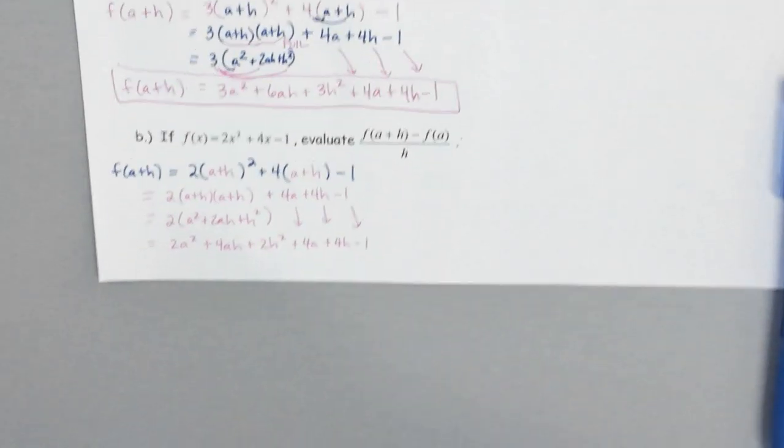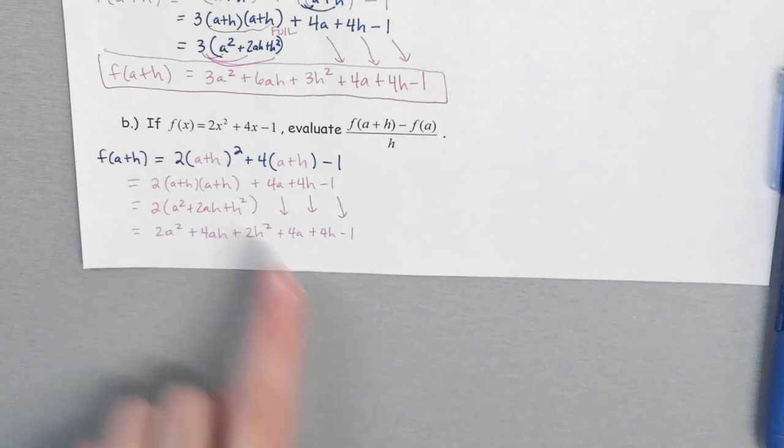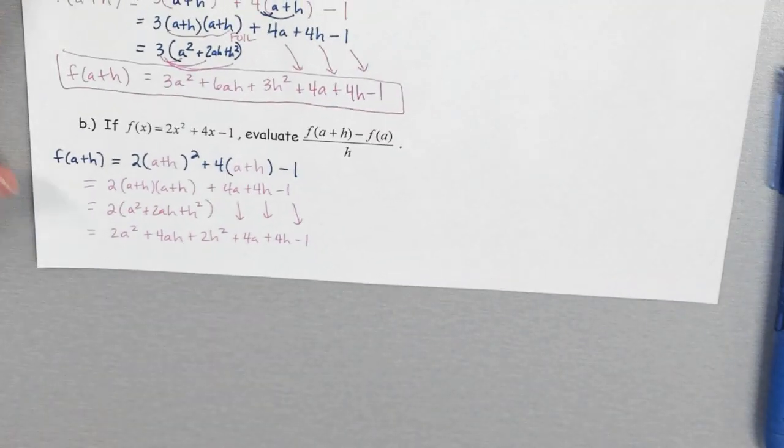All right, so let's check and see what we got here. You guys should have the 2a squared plus 4ah plus 2h squared plus 4a plus 4h minus 1.